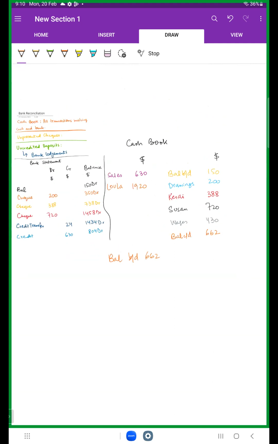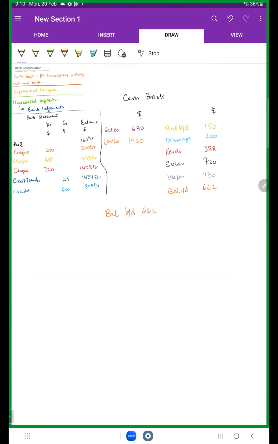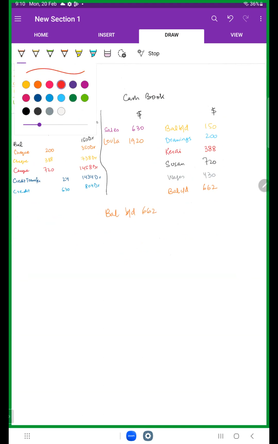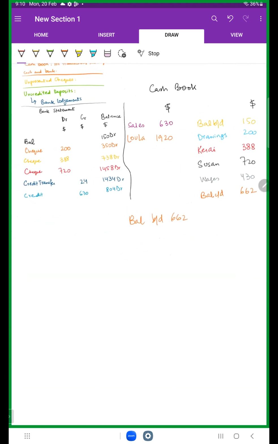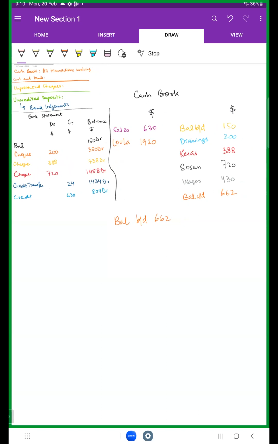Now, what you will do is that you will compare these two. You'll see which amounts do I have and which amounts do I not have.